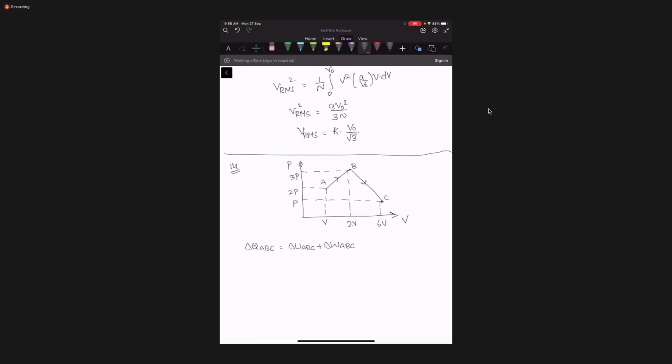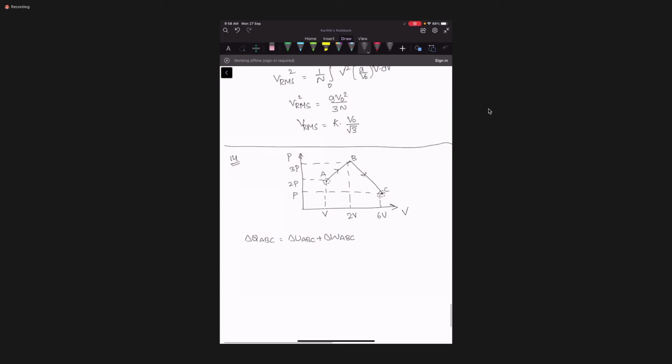Yes. Now, I need delta U for A, B, C. If I know A and C, I can get my internal energy, isn't it? Because my delta U is f by 2 nR delta T, isn't it? So temperature at A is 2 PV divided by nR, and temperature at C is 6 PV divided by nR, isn't it?